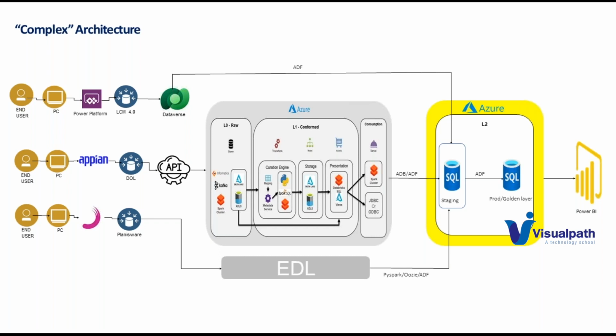That's why we created the prod and golden layer, to avoid these circumstances. Once all the data goes from staging to prod, Power BI can connect to the prod and golden layer. Why have we chosen two layers here? I hope you understand why we created the same replica in staging and prod. Again, I'm repeating: you have a resource, right?